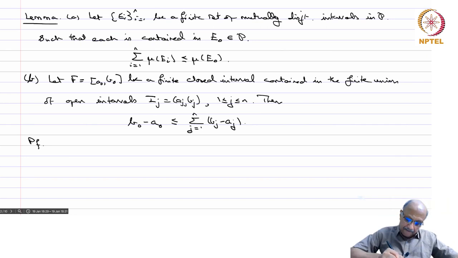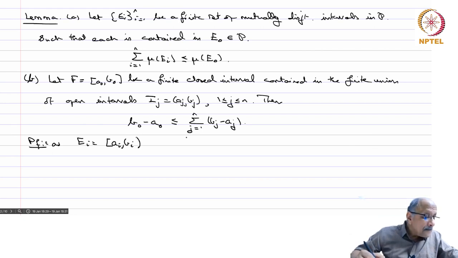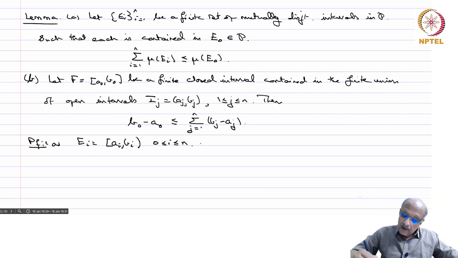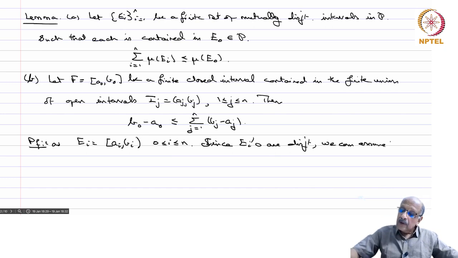Okay, proof. (a) So you write Ei equals [ai, bi), 0 less than or equal to i less than or equal to n. Okay, so now, since the Ei's are disjoint, we can assume without loss of generality, you can renumber them in a suitable way, so that it's contained in [a naught, b naught).